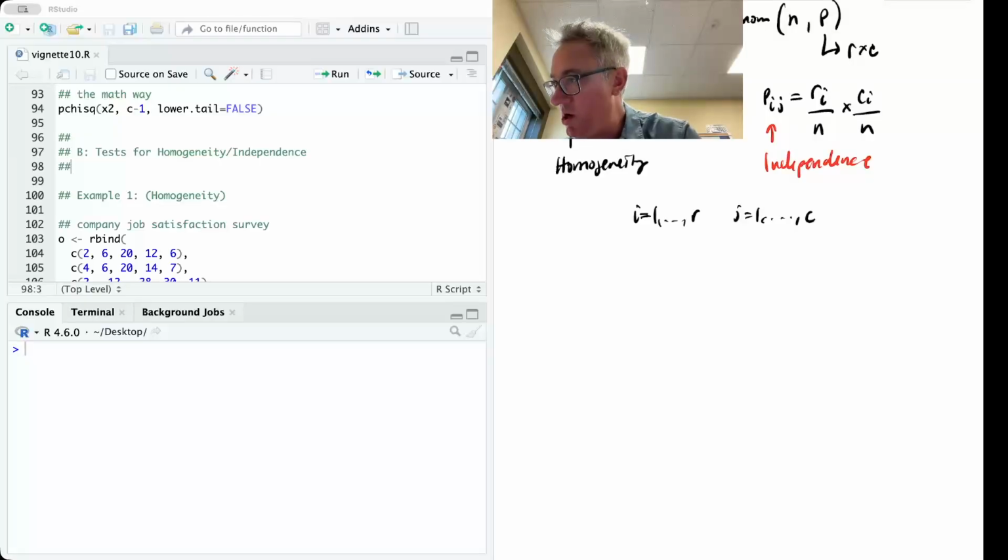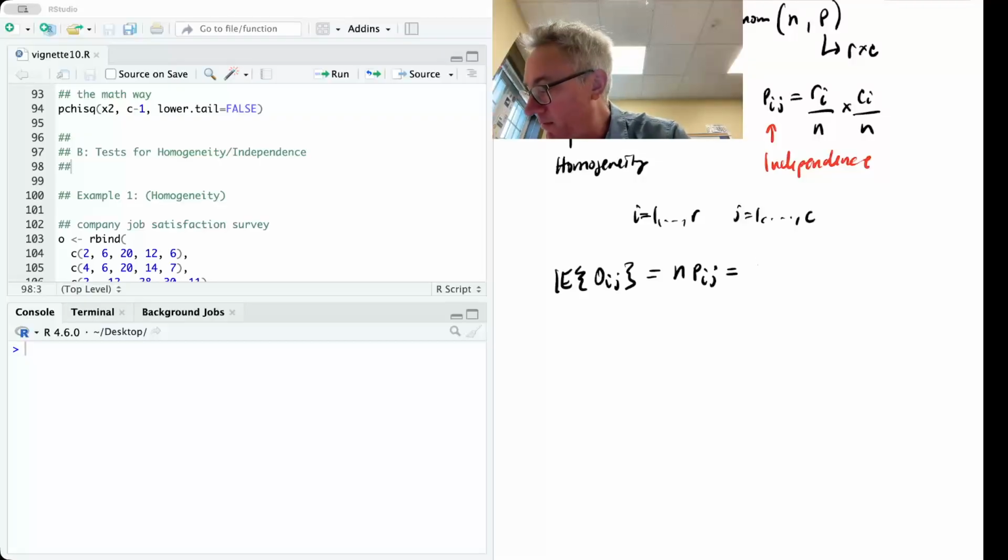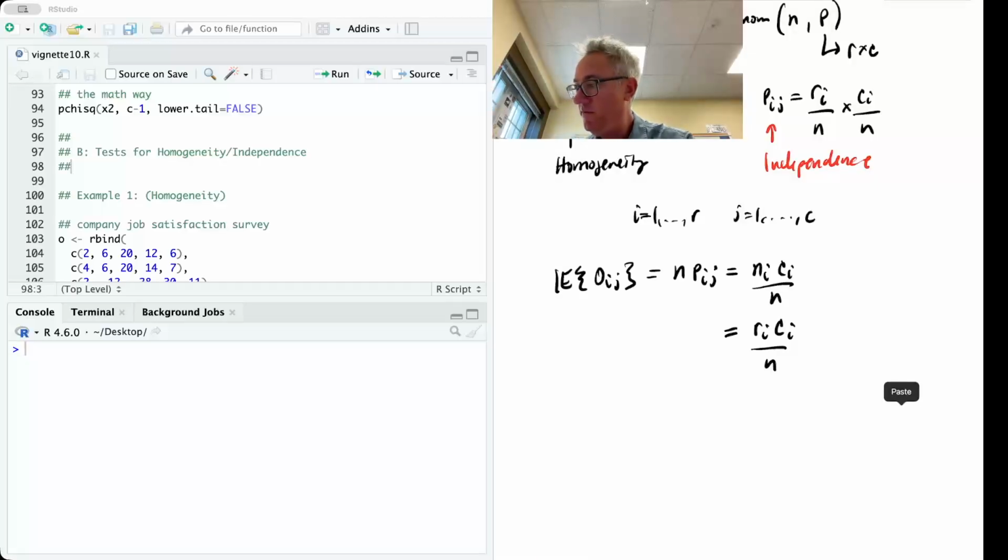Okay, we know that the expectations, just kind of upgrading what we had from before, are n times those probabilities, which is going to be Ni times Ci over N for homogeneity, or Ri times Ci over n for independence.